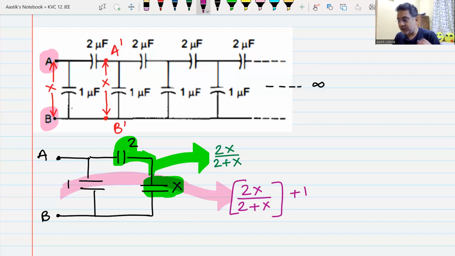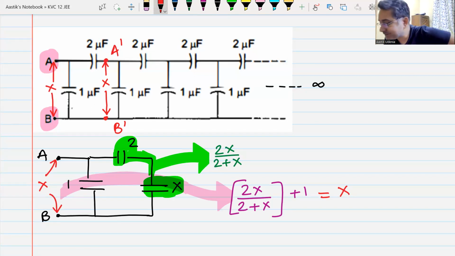So 2X upon 2 plus X plus 1 should be equal to the equivalent capacitance between A and B. But we have already assumed that the equivalent capacitance between A and B is also X. Yes or no? So 2X upon 2 plus X plus 1 should again be equal to X. That will give us a quadratic equation in X.